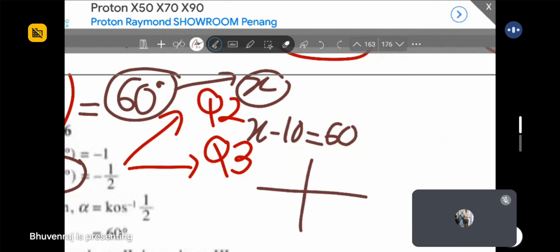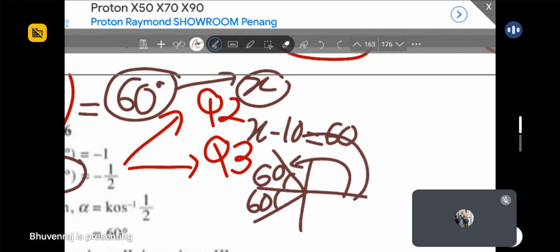Now you can start to draw out the quadrants. You say quadrant 2 and quadrant 3, so these are the two possible locations. Kamu boleh letak kat sini and also kat sini. Kamu akan ukur sudut macam ni. This is how you measure the angle. So x minus 10 equal to 180 minus 60 for the first one.